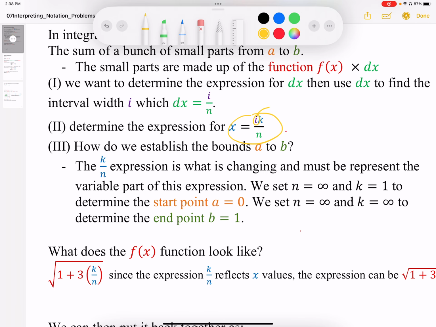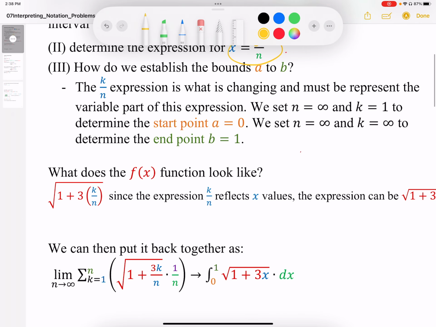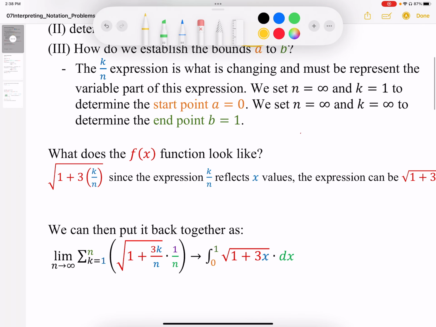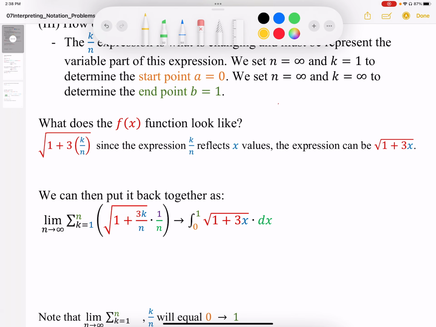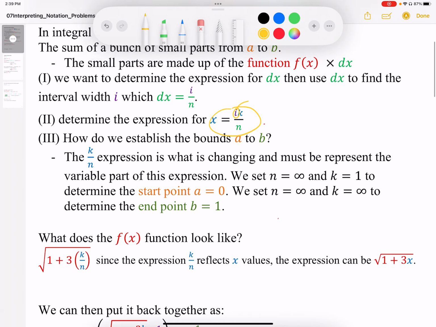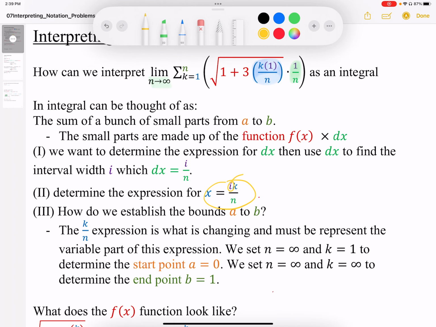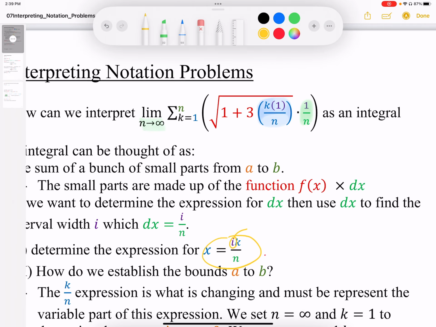So how do we establish what the f of x function looks like? As long as we can pick out the x part and the dx part, the rest of it must be the f of x part. If we tease out the k over n, the part highlighted in blue, that represents our x.